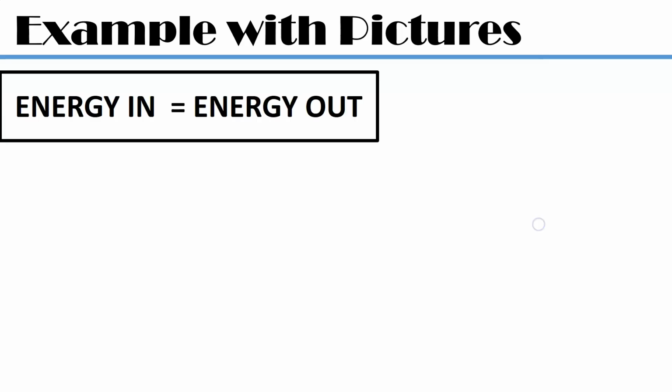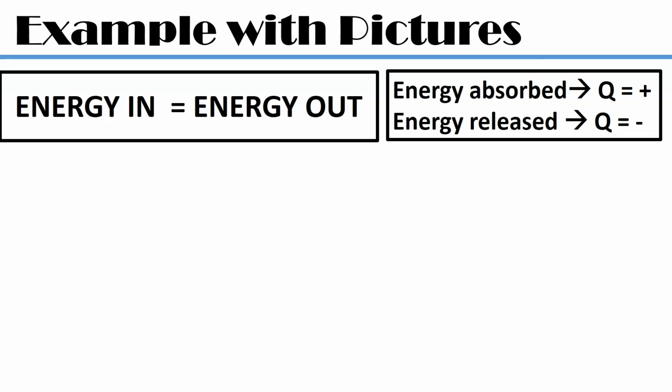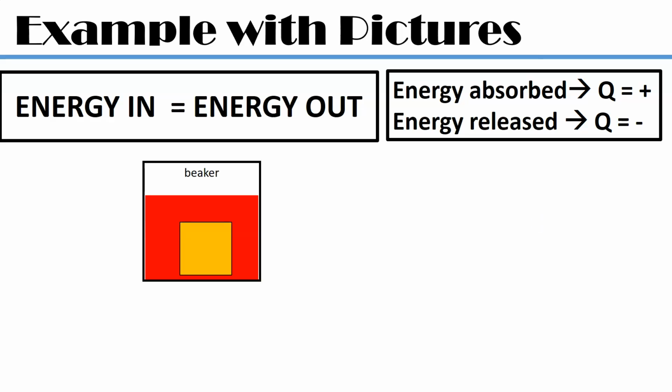Sometimes people find it helpful to do a very similar thought process of what's plus, what's minus by looking at a little picture. Our energy in will be our energy out. Energy absorbed will be a positive sign. Energy released will be a negative sign. So if I have a beaker with hot water and I put my metal in there, the metal is going to heat up.